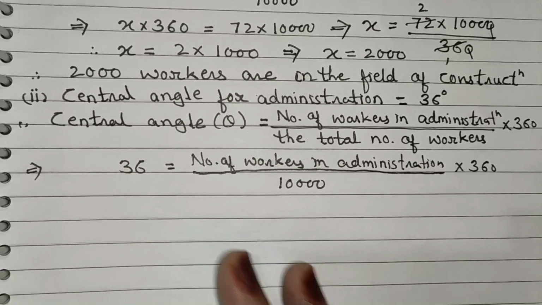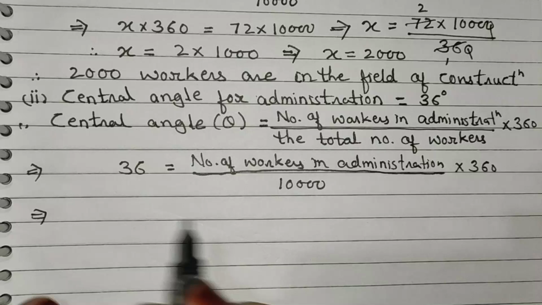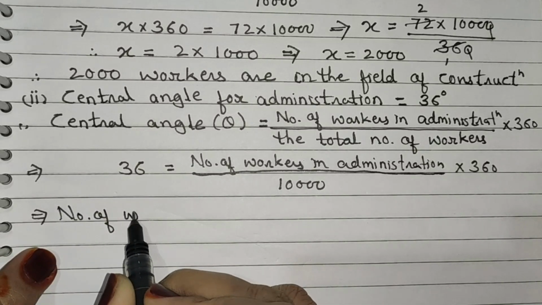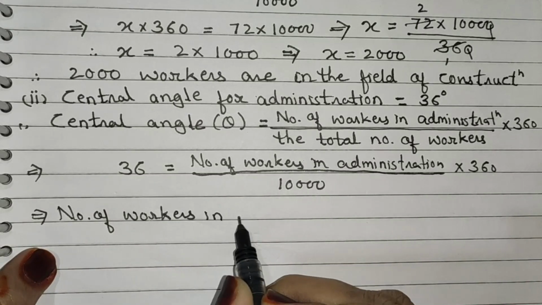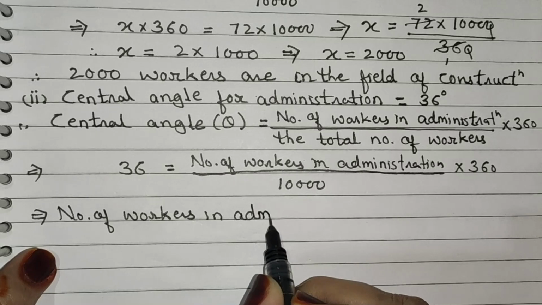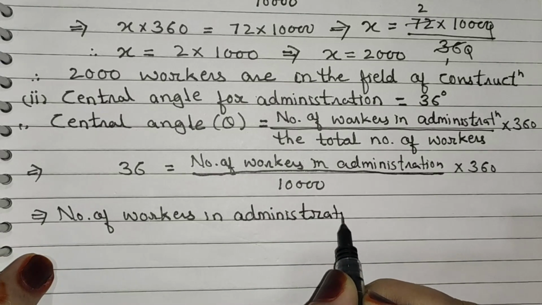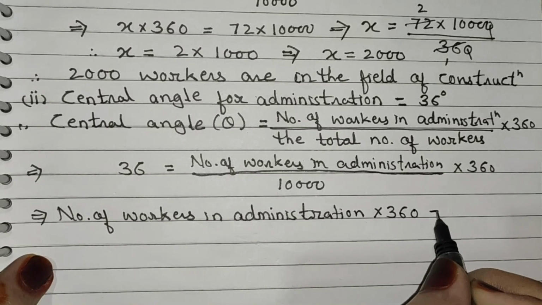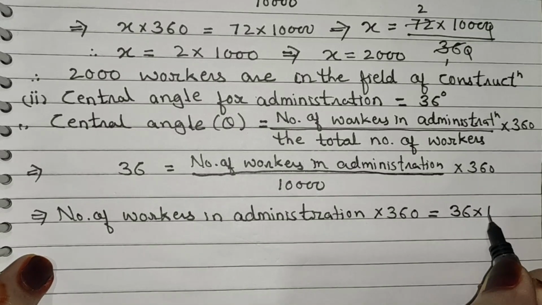Now solve it, we get, now cross multiply here, number of workers in administration into 360 is equal to 36 into 10,000.